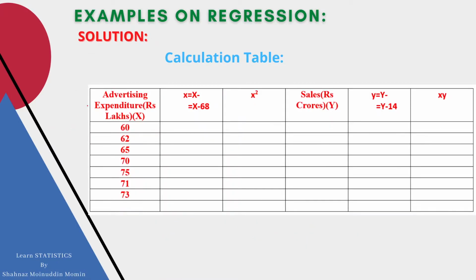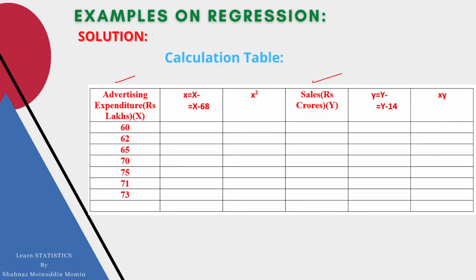I have written the given data in vertical columns like this. To calculate correlation, we have learned different methods of calculating the correlation coefficient between X and Y. That lecture was discussed in the previous class.